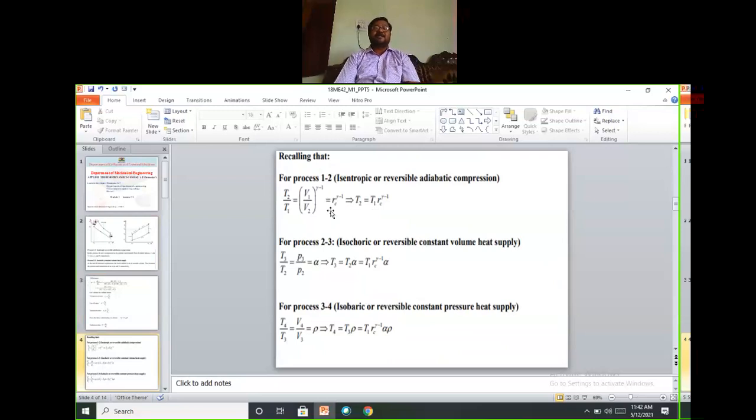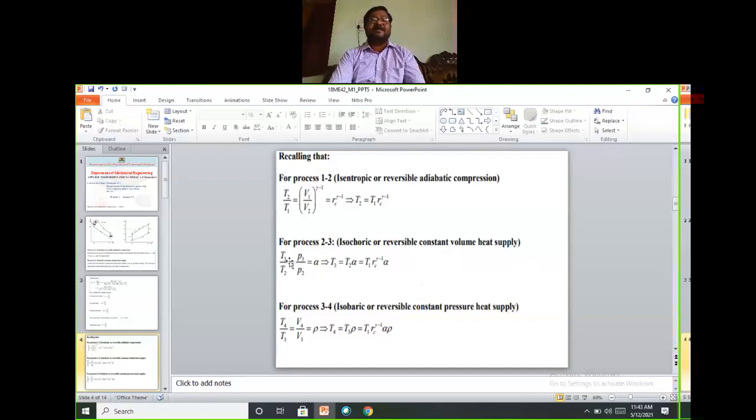Now recalling process 1 to 2, isentropic reversible adiabatic compression, T2 by T1 is equal to (V1 by V2) raised to the power of gamma minus 1. From there, T2 is equal to T1 rc^(gamma minus 1). From process 2 to 3, constant volume, T3 by T2 is P3 by P2. How can you write it? Simply PV is equal to mRT, divided by PV is equal to mRT, with state 3 for the numerator and 2 for the denominator.